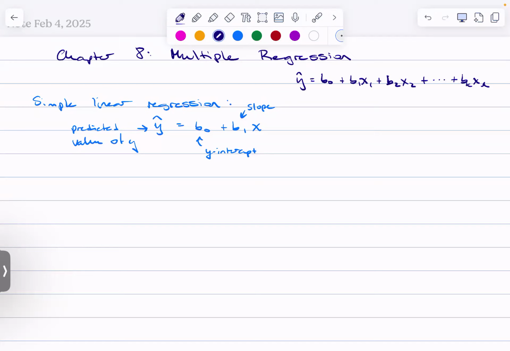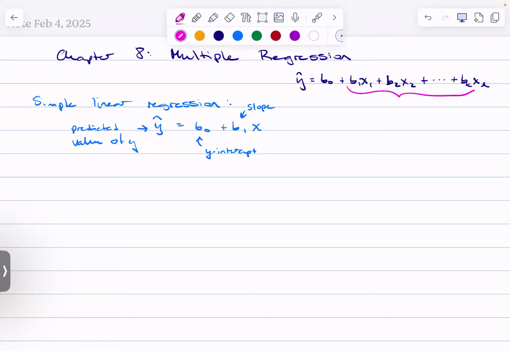So what's the difference? Well, we have multiple explanatory variables, and that's what makes it multiple regression.